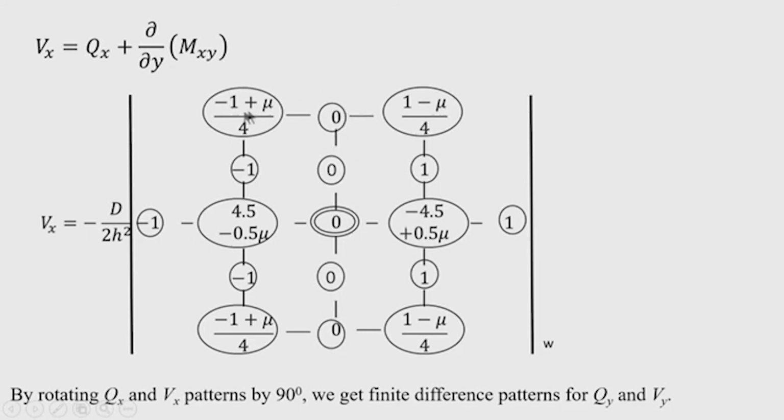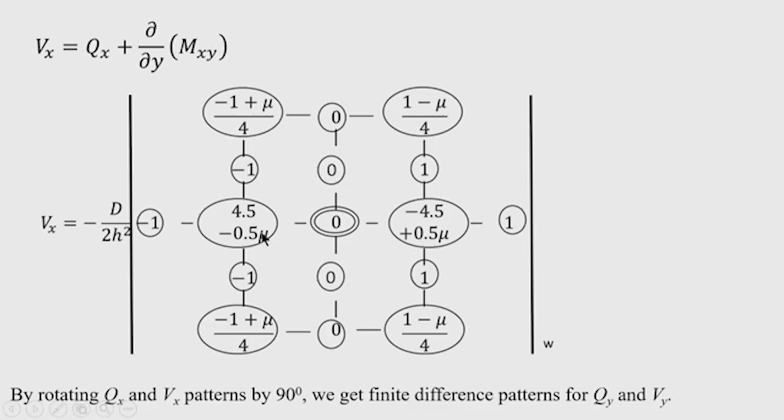Then other columns are written as, towards the right it is 1 minus mu divided by 4, 1 minus 4.5 plus 0.5 mu, then 1 minus mu divided by 4. In the left hand column you are getting minus 1 plus mu divided by 4, minus 1, then minus 1 plus mu divided by 4. So, the antisymmetric pattern is noted.